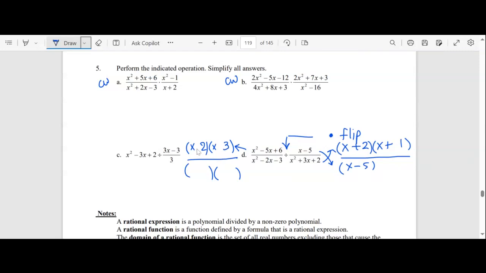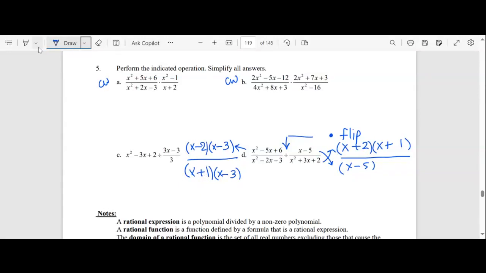What about the sign? Negative, negative, because you need negative 5x and you need positive 6. What about the denominator? x and x, 3 times 1. What about the sign? We need this plus and this minus, correct?